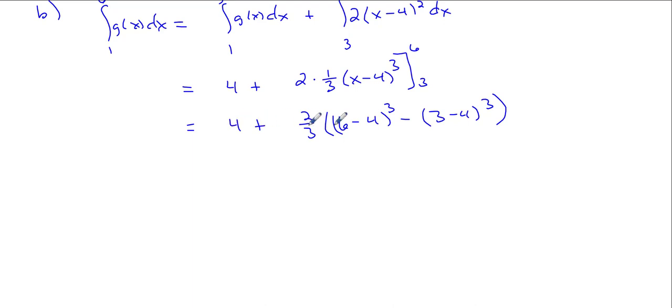Yeah, funny enough, this would be. We can do better though. Okay, 2/3. Okay, 6 minus 4 is 2. 2 cubed is 8. That's -1. -1 cubed is -1. The opposite of -1 is +1. That's 9 divided by 3 makes 3. 3 times 2 is 6. 6 plus 4, 10.